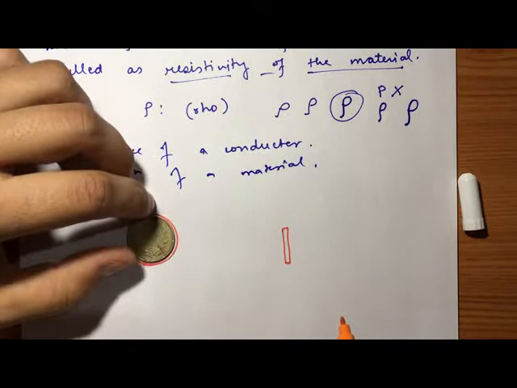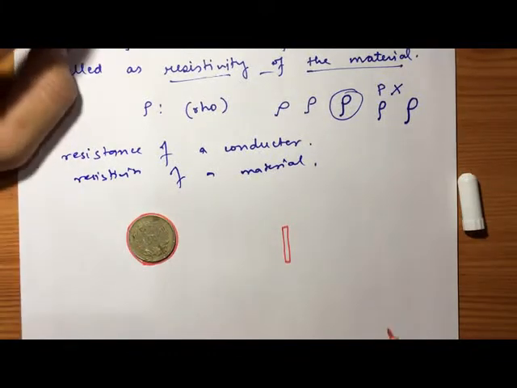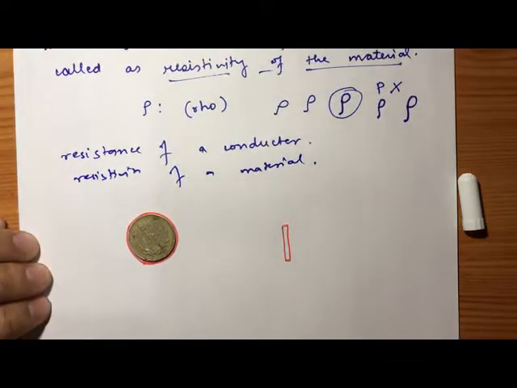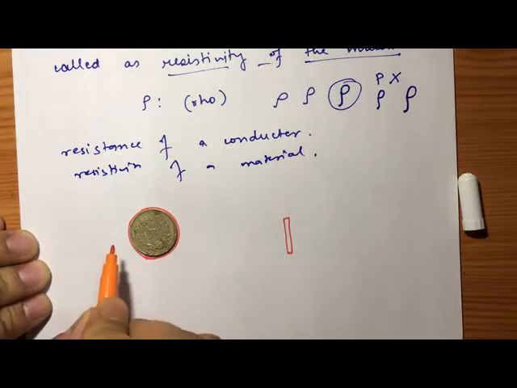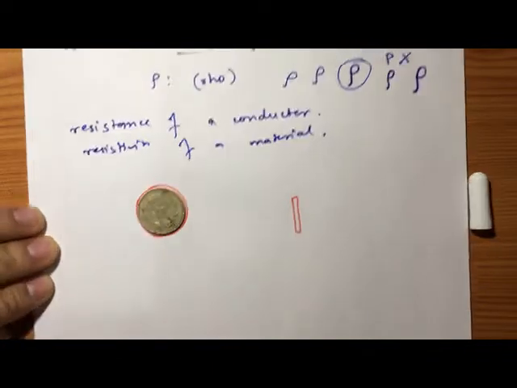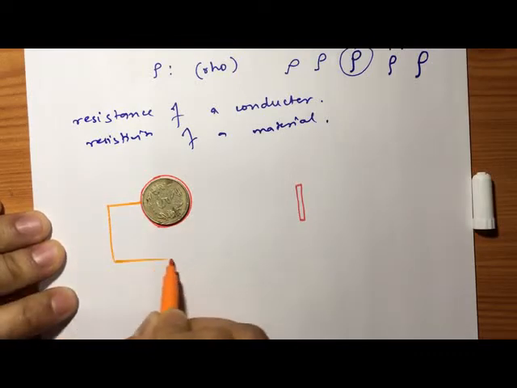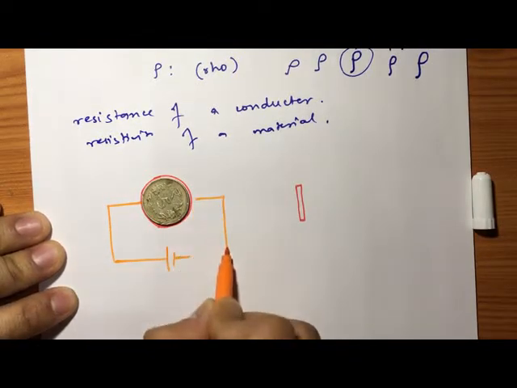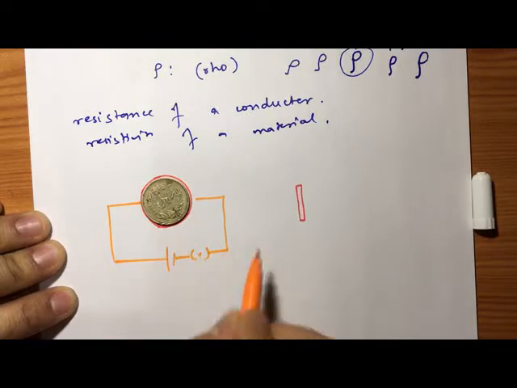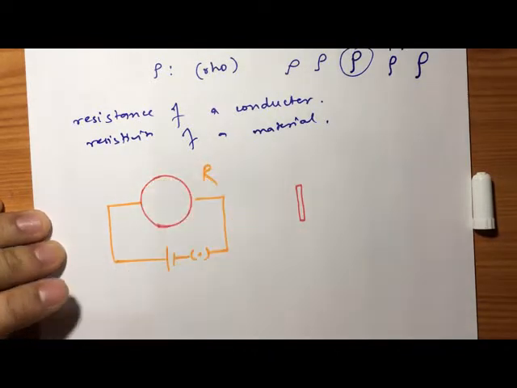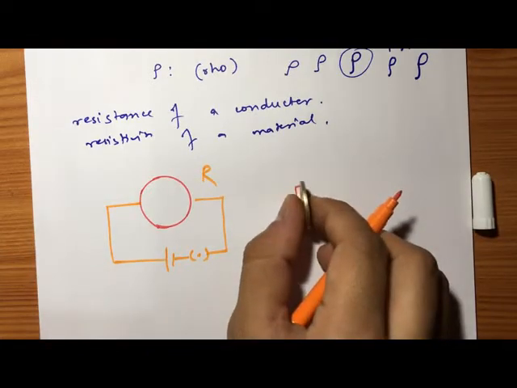But now here the thing to consider is the resistivity and the resistance, okay. So in here, suppose that I am having a cell and a key, and suppose the resistance is R in this case, and in case 2 I have kept it like this.